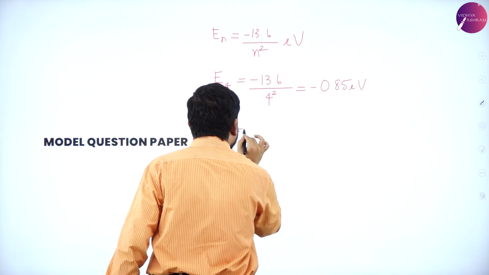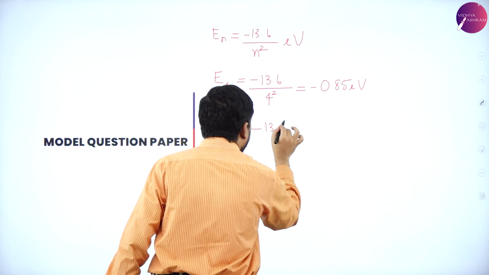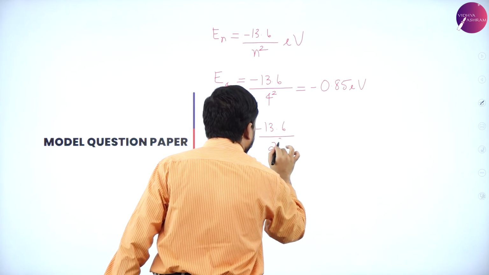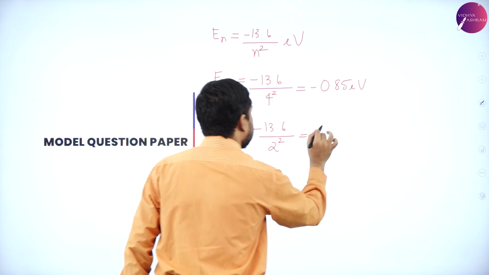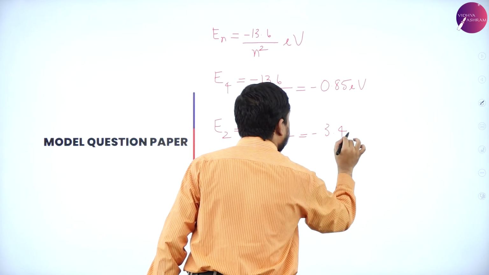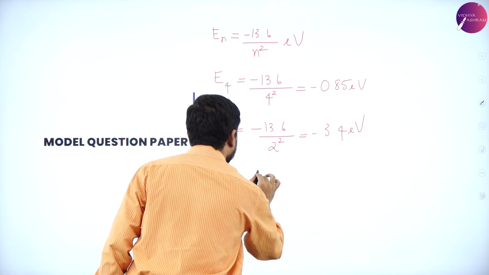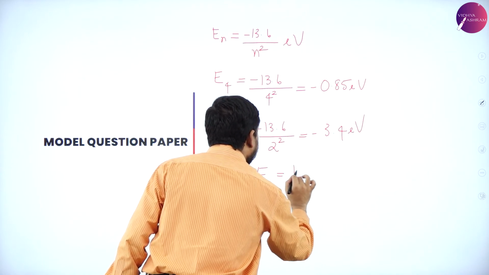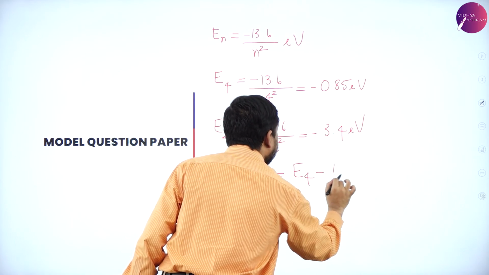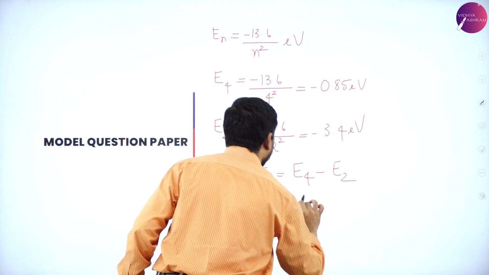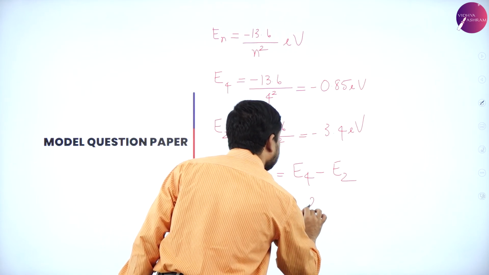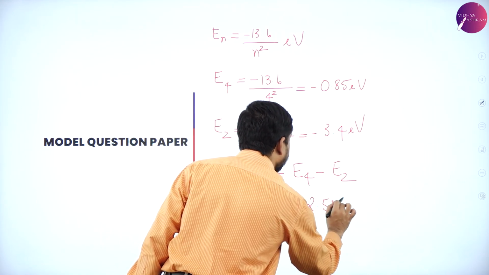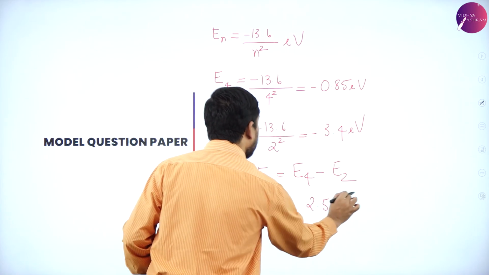E2 is minus 13.6 by 2 square, which is minus 3.4 electron volts. So what is E? E4 minus E2, on simplification, which is 2.55 electron volts.